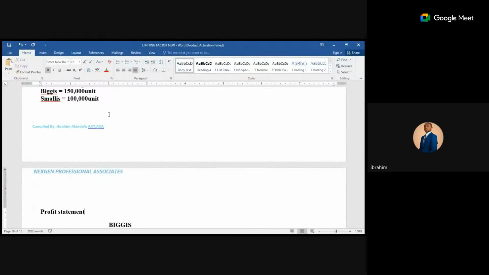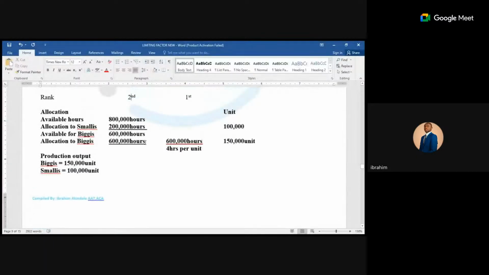And don't forget, in this part, we don't have enough resources to produce all 200,000 units of biggies, and that is where we will place our shadow price. We'll get there.